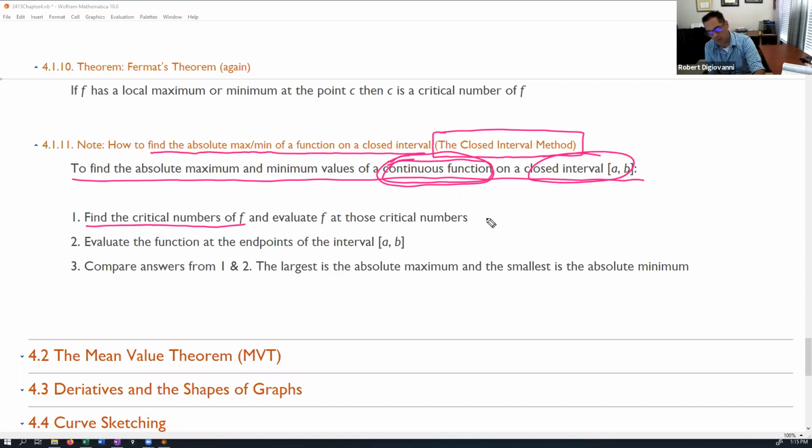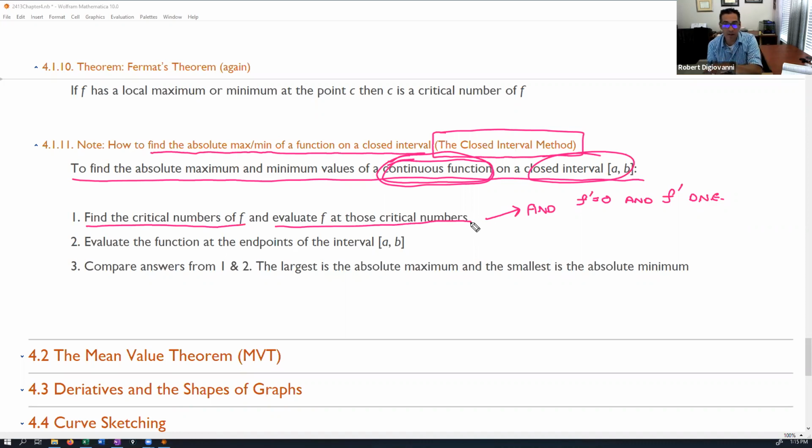What does that mean? I want to find where the derivative is 0, and I want to find where the derivative does not exist. DNE, doesn't exist. That's what the critical numbers are. Once I find my critical numbers, I will evaluate the function at those critical numbers.